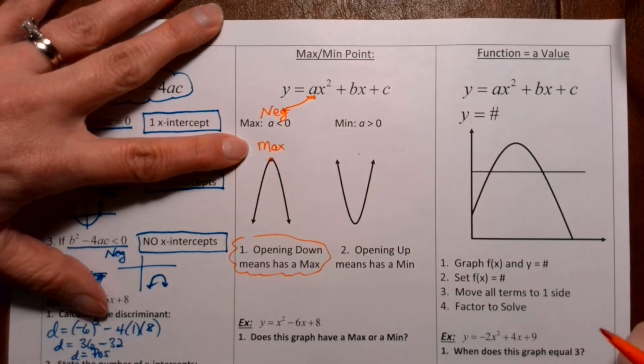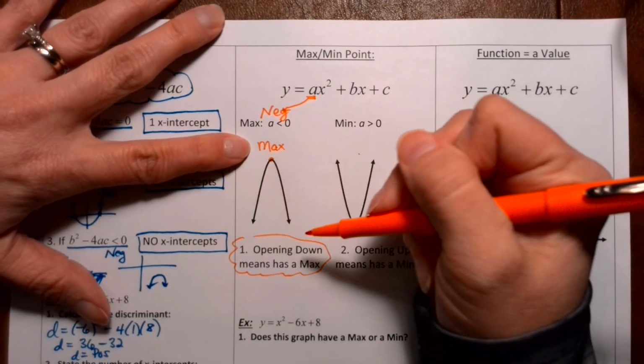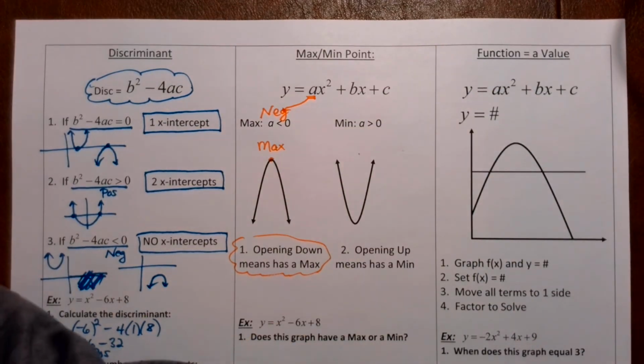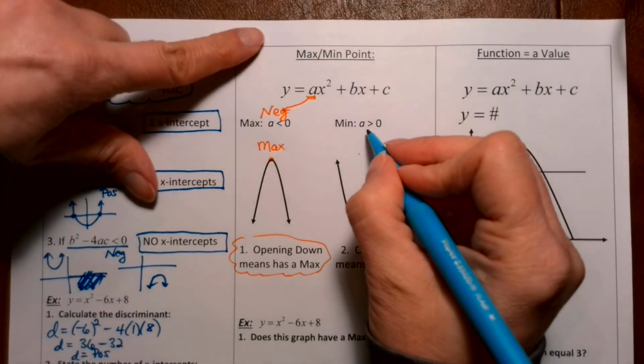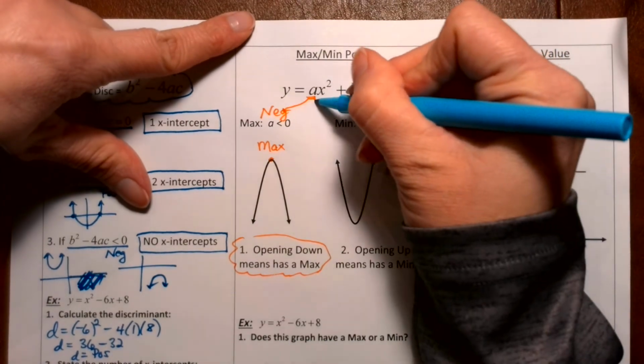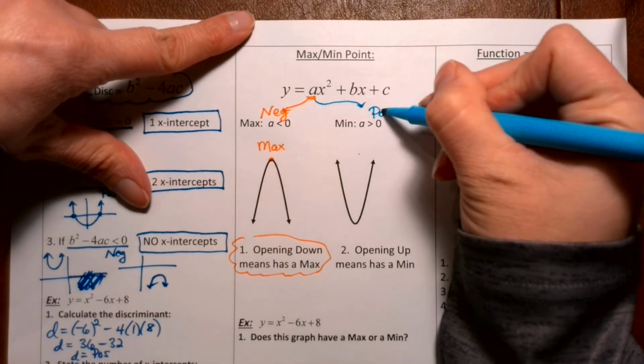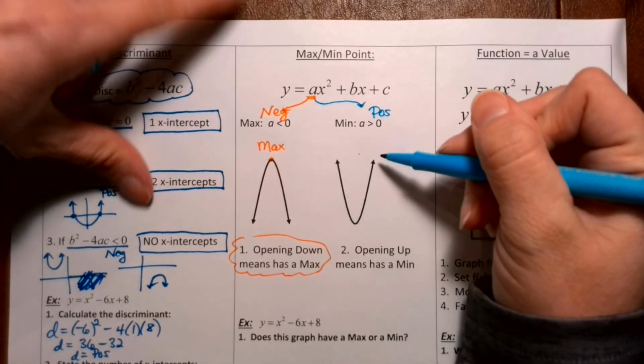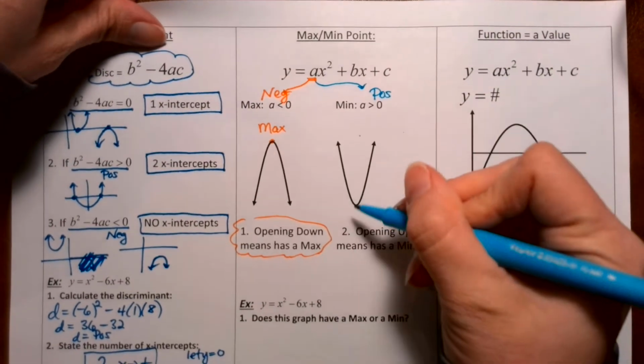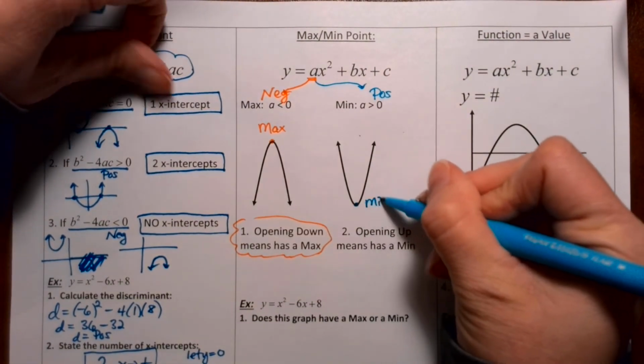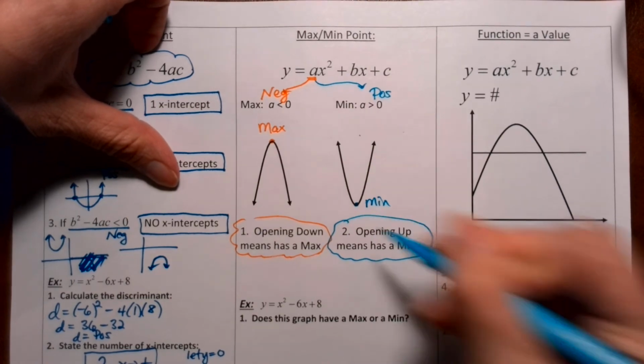All you have to do is draw a little picture of a parabola, and then you'll know max or min. If the a value is greater than 0, so we've got a positive leading coefficient, the parabola opens up. And when a parabola opens up, it always has a minimum value.